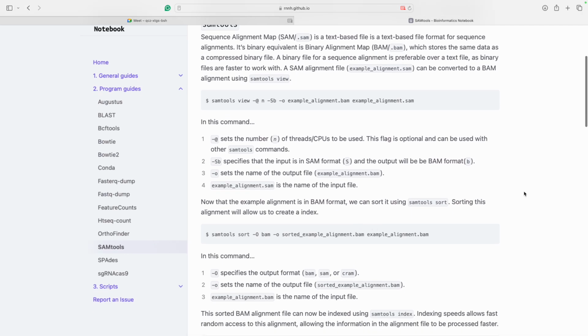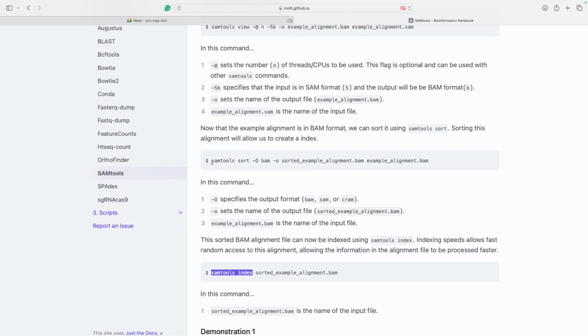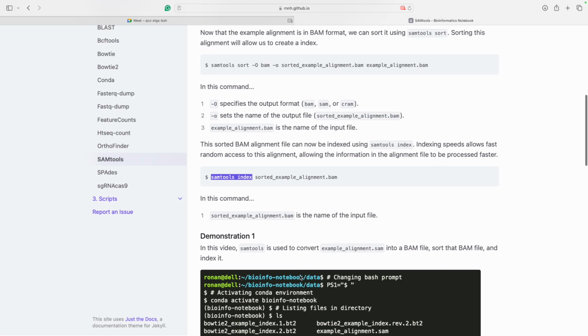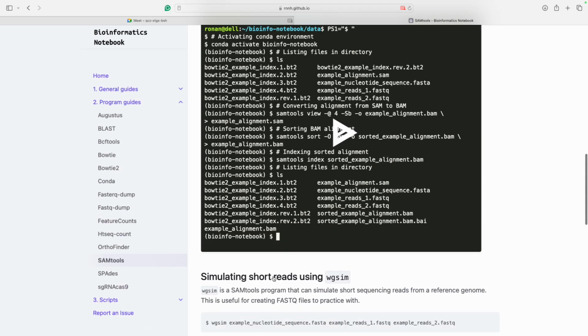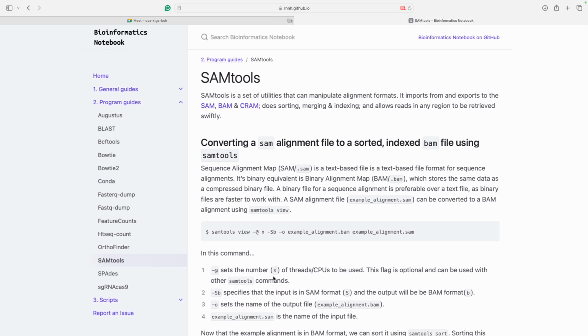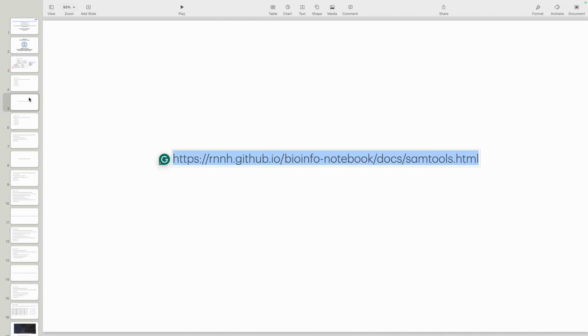Samtools sort is used for sorting the alignment, which will allow us to create an index. So, sorting a BAM file to create an index. Then there is the samtools index command. Just go through this manual.